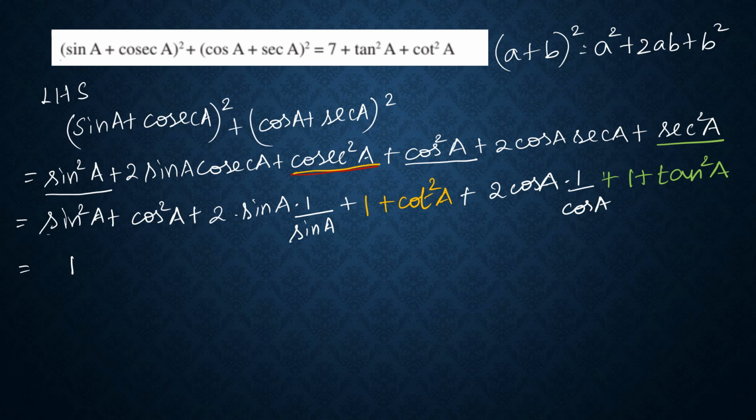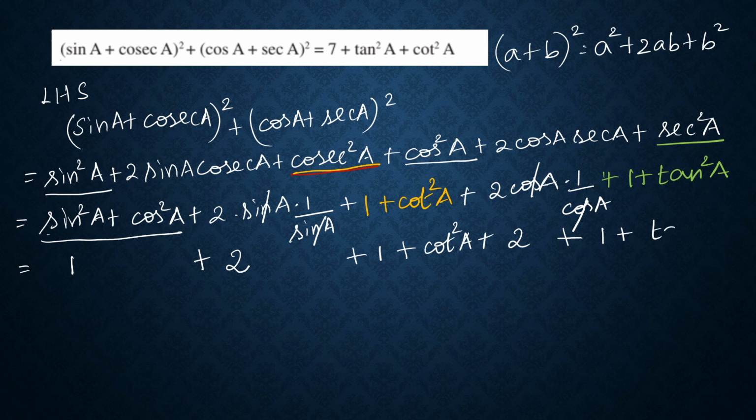So this together will become 1, plus this sin A will get cancelled, so you will get 2, plus 1 plus cot square A, plus cos A will get cancelled, 2 plus 1 plus tan square A.